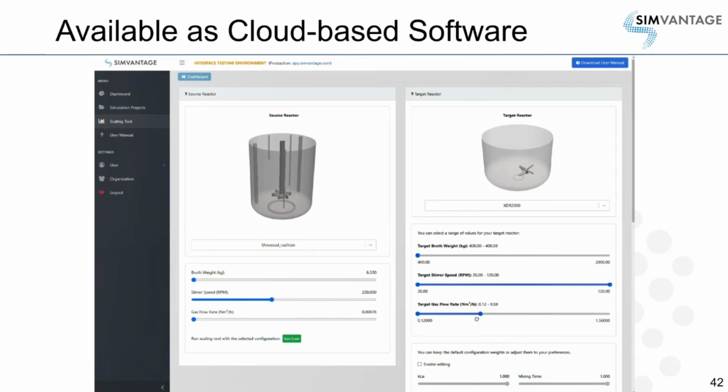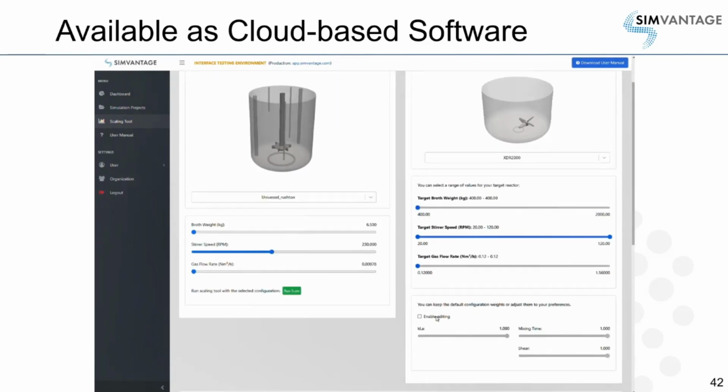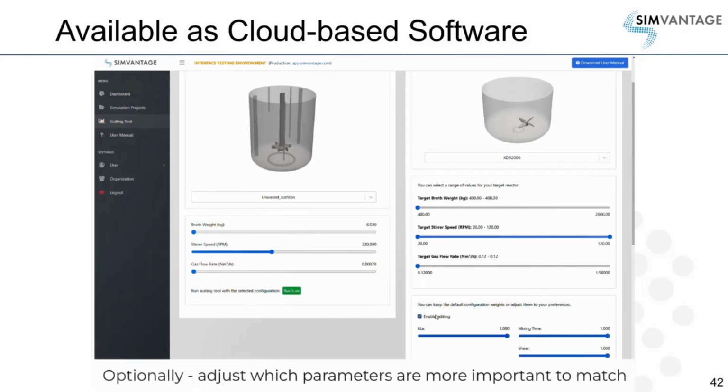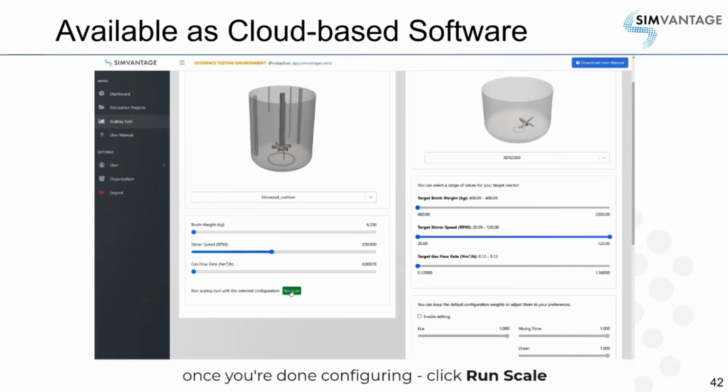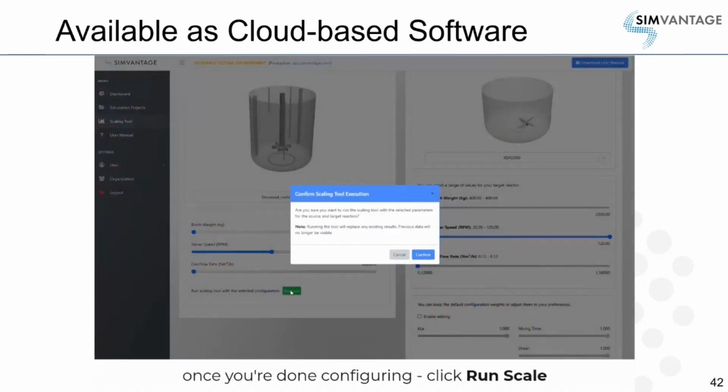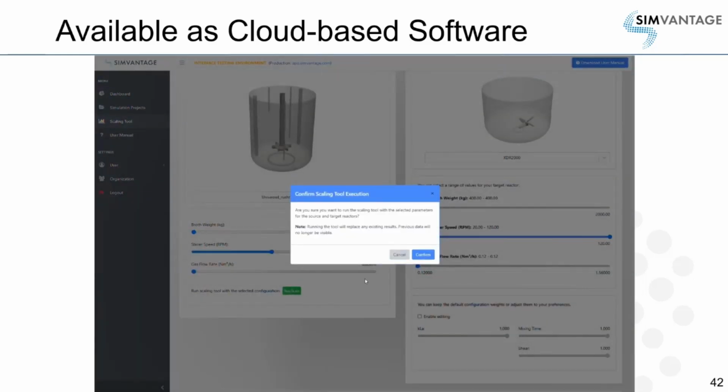And then you can also enable weights for certain parameters. If you do not enable that, then the optimizer tries to optimize every variable like shear rate, KLA, mixing time. But you can also set that the mixing time is very important for you.